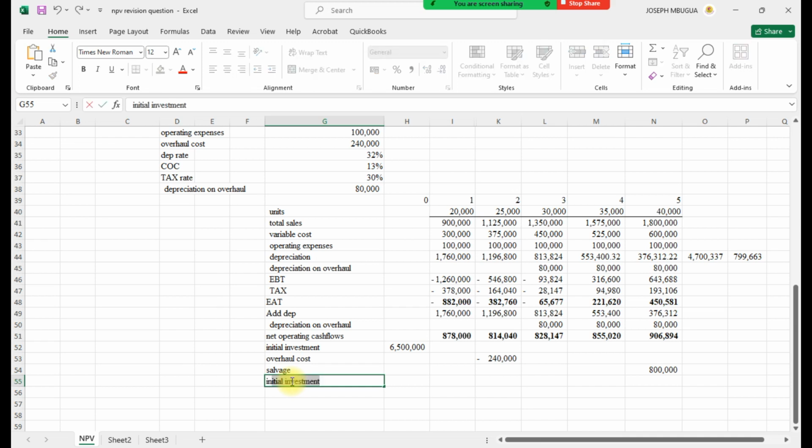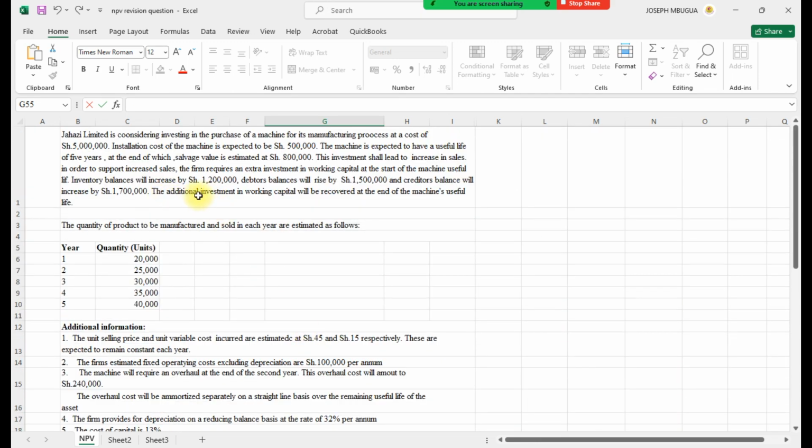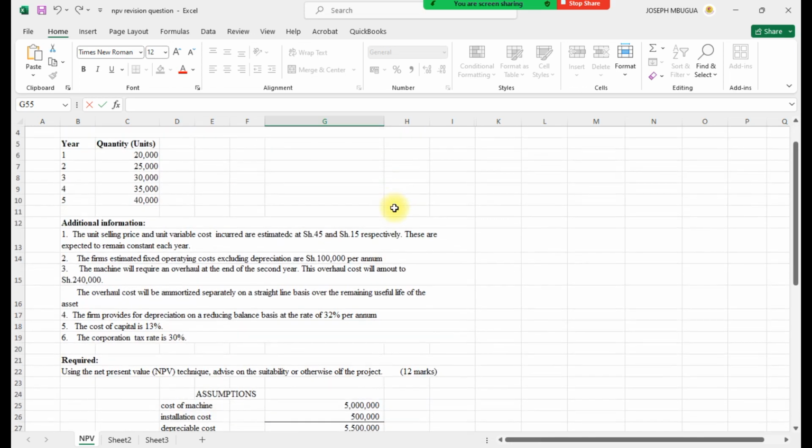Investment cash flows. Hello, Mwalimu. Yes. We were to recover the additional working capital at the end of the project. Just a minute. Thank you, Jared. I had forgotten that. So we had working capital, and we were to recover that at the end. The additional investment in working capital will be recovered at the end of the machine's useful life.